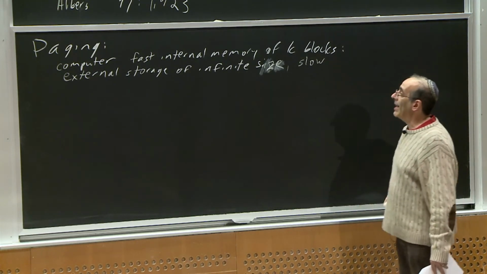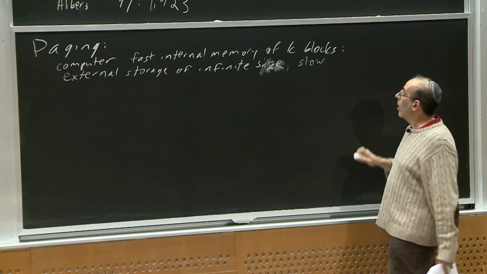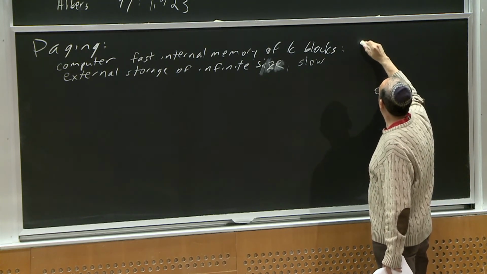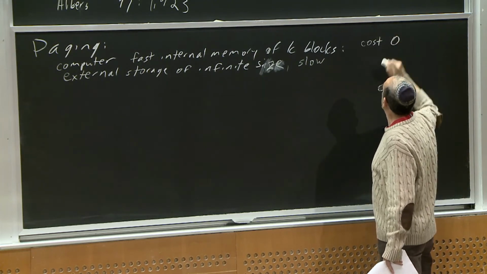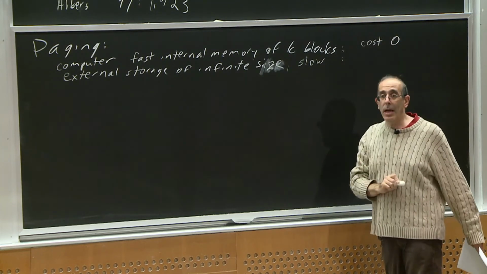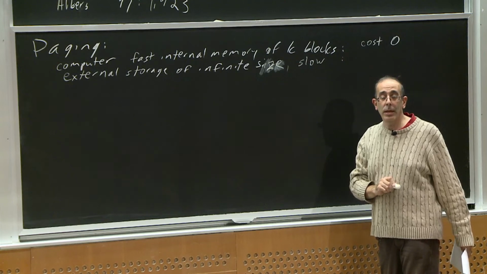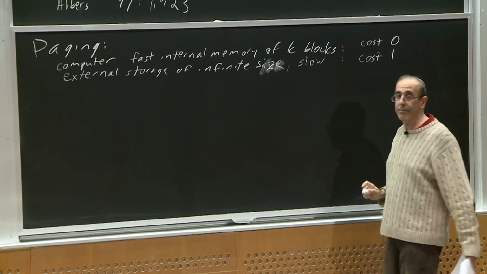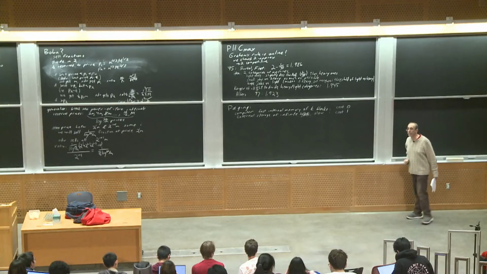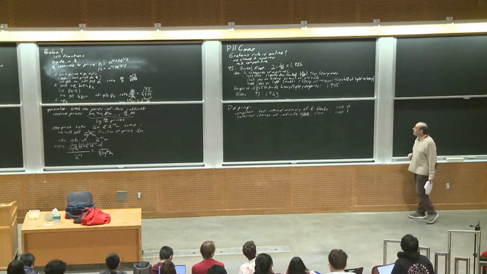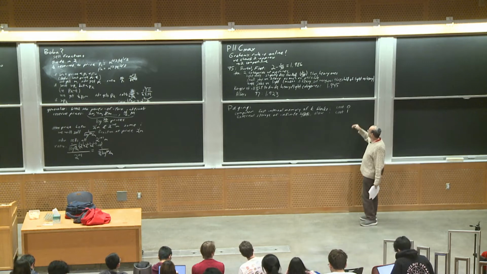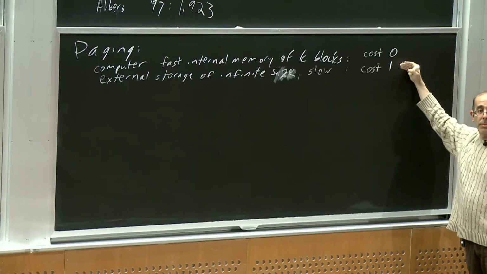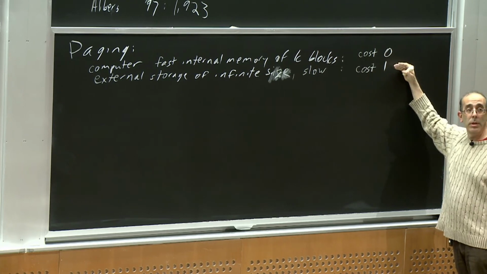So for the fast internal memory, the cost of accessing anything in it is effectively 0. However, anytime you have to access a block in external memory, that has a cost of 1. And when you access something in external storage, you do that by bringing it into internal memory.